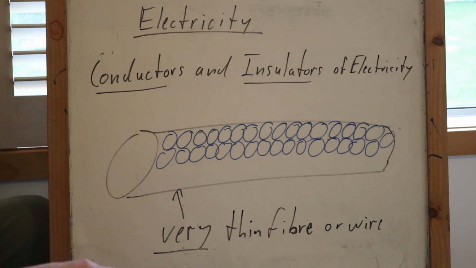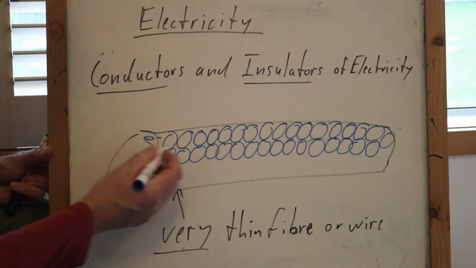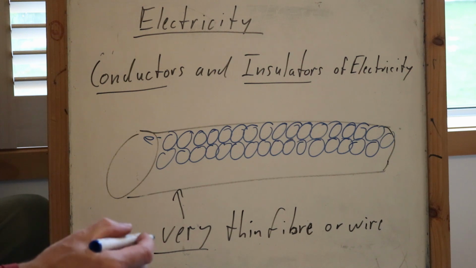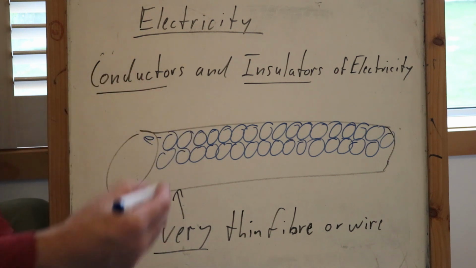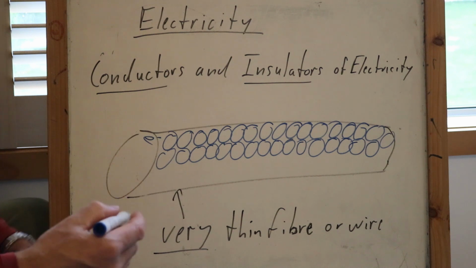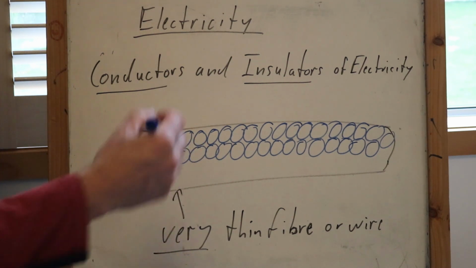Now, if I would add extra electrons to this side of that fiber or that piece of wire, if I attach that to the negative terminal of a battery, and there are electrons jumping onto these atoms, so this atom now has an extra electron here. Now what does it do? It doesn't want to keep too many.